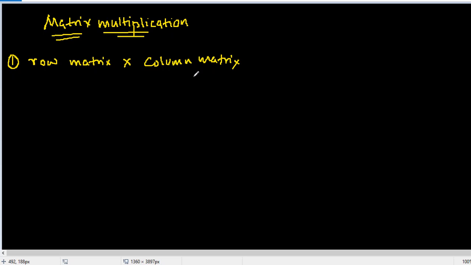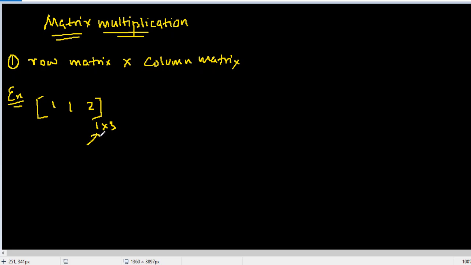Here I am going to take one example to clear the concept of multiplication of row and column matrix. I'm going to take the row matrix, for example 1 1 2, and the order of this row matrix is 1 cross 3.